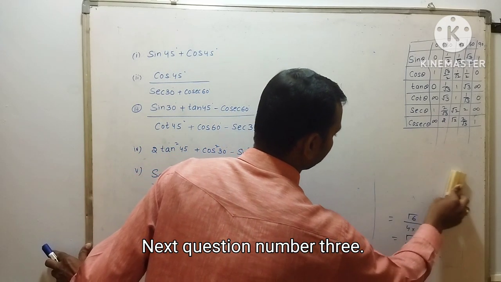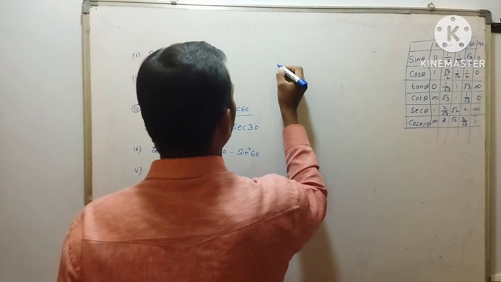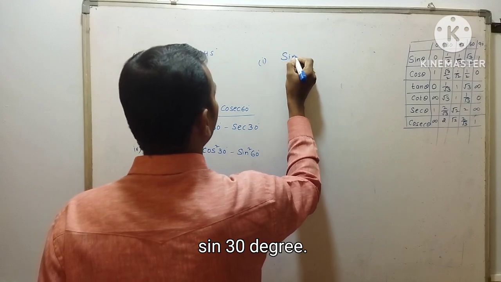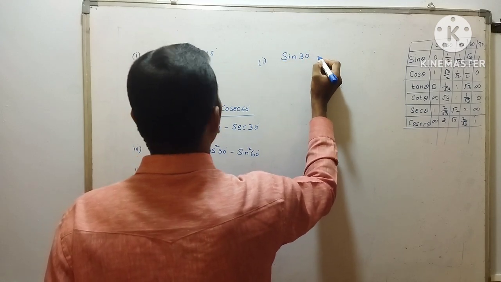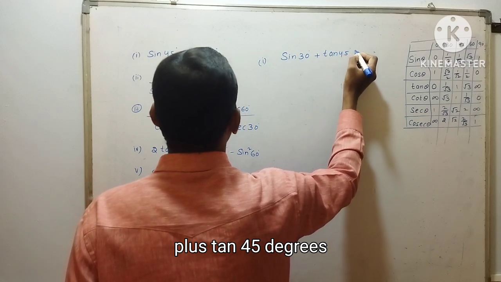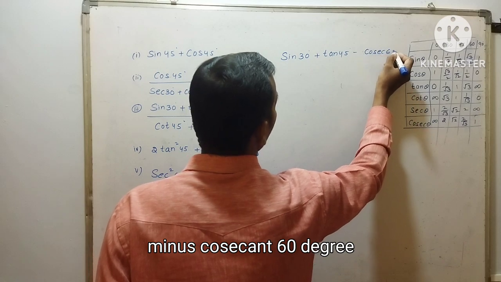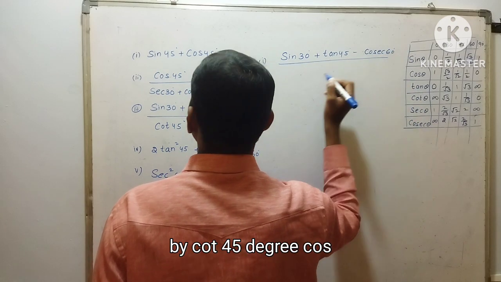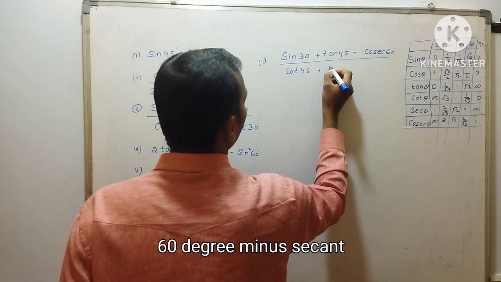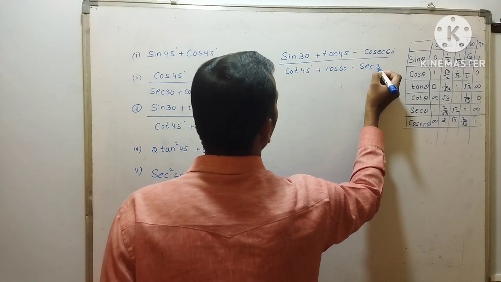Next question number 3. Sin 30 degree plus tan 45 degrees minus cosecant 60 degree by cot 45 degree, cos 60 degree minus secant 30 degree.